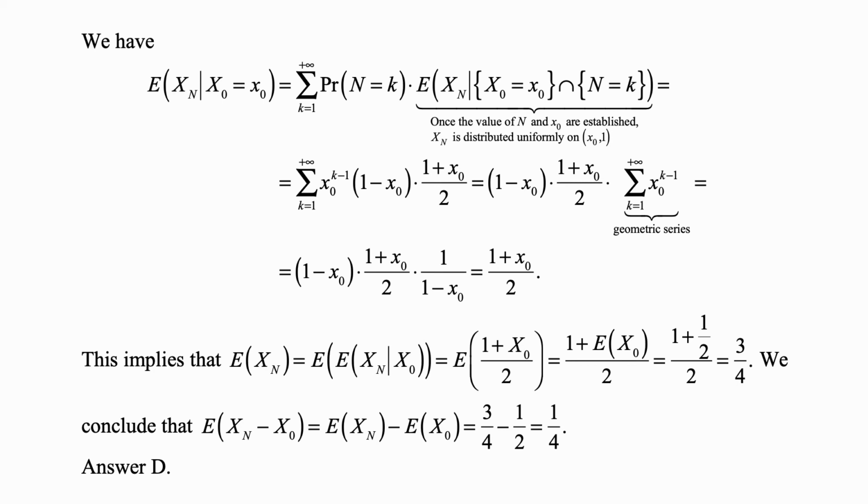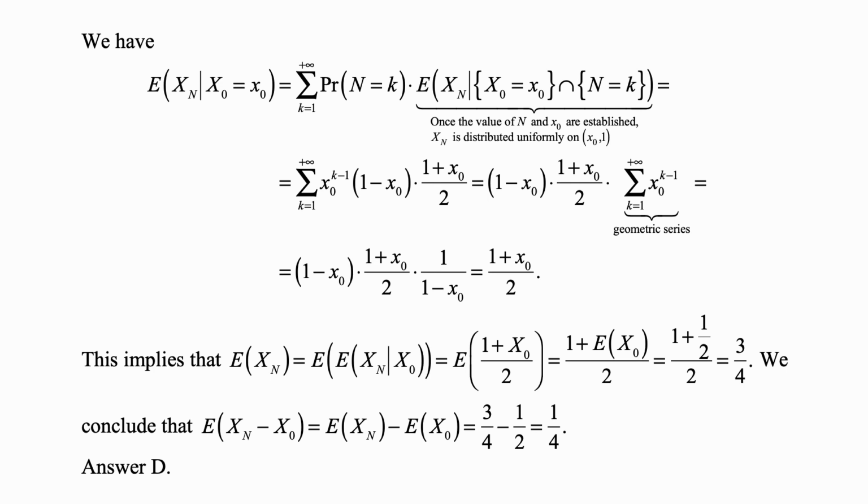And this implies that E of xn, which is the expected value of the expected value of xn given x0, is the expected value of 1 plus x0 over 2, which is 1 plus the expected value of x0, over 2. So what's the expected value of x0? It's uniform on 0, 1. The expected value is 1/2, so that's 1 plus 1/2 over 2, and that's 3/4.